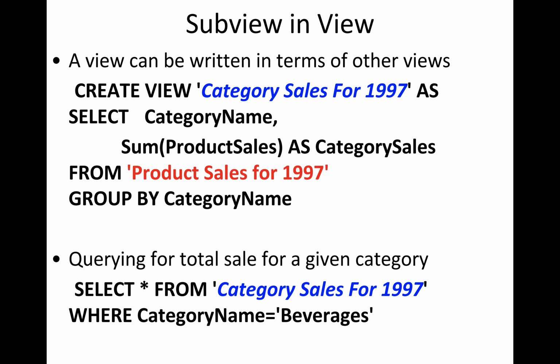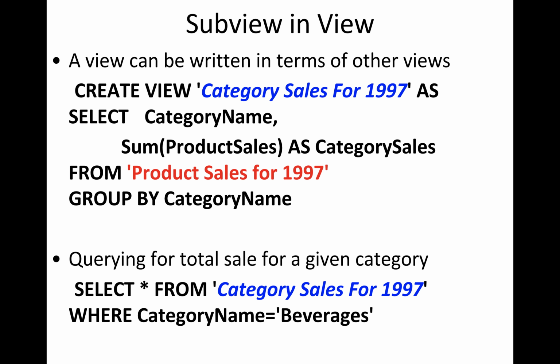We've been using this all along, right? When we use this notation, Q1 is equal to a select statement, and then we use Q1 to feed into another select statement. We've been using this all along, but here's the syntax that we would use. It would be create view Q1, and then the select statement, and then create view Q2, where there's a select statement that uses Q1.